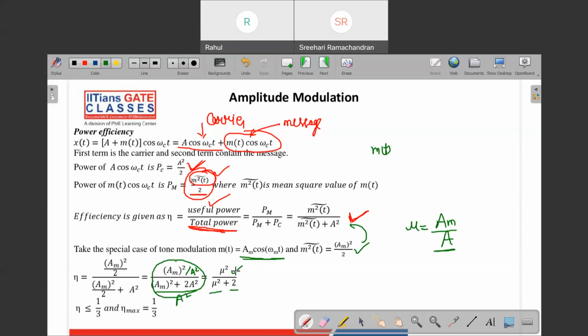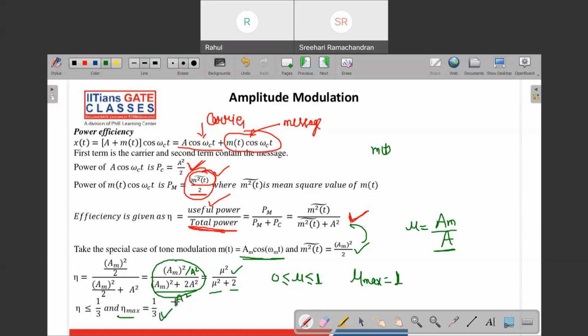So this is also a formula for the efficiency. Now if you see this efficiency, we know that mu is always in this range, and the maximum value of mu will be equal to 1. Since the maximum value of mu is equal to 1, that gives us the maximum value of the efficiency, which is equal to 1 by 3. Once you put mu equal to 1 here, it will give us the efficiency equal to 1 by 3.